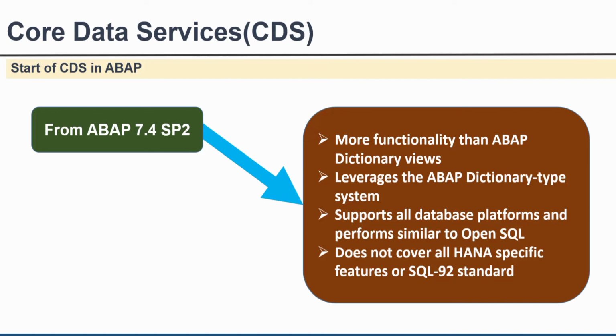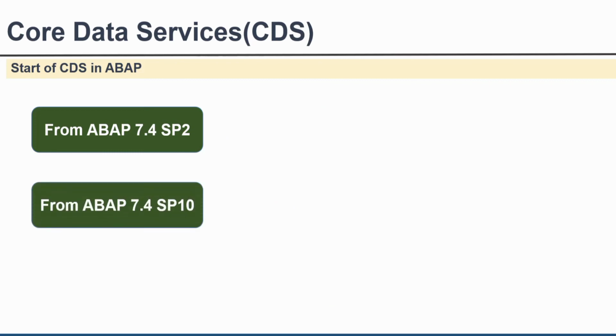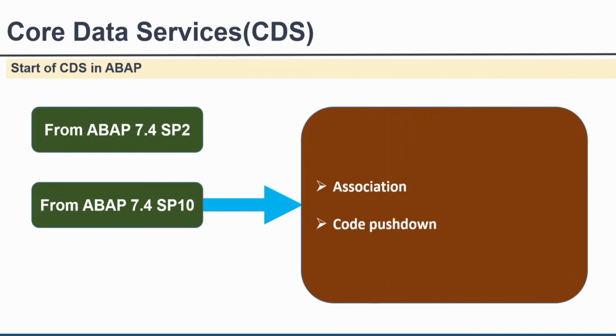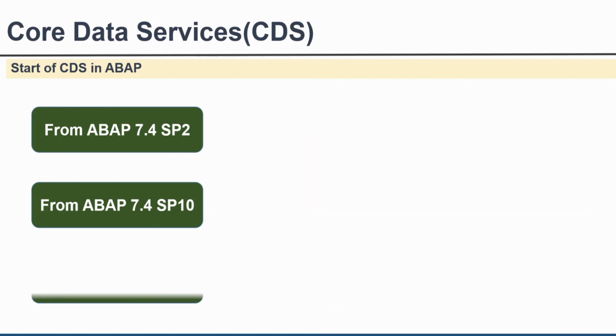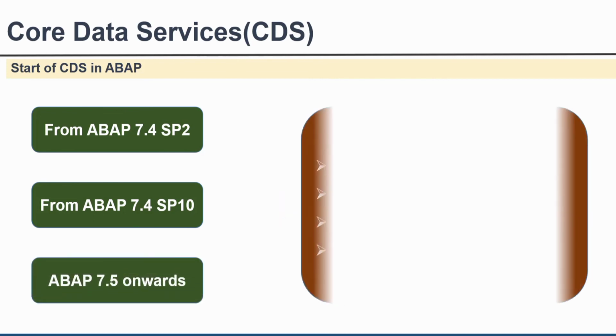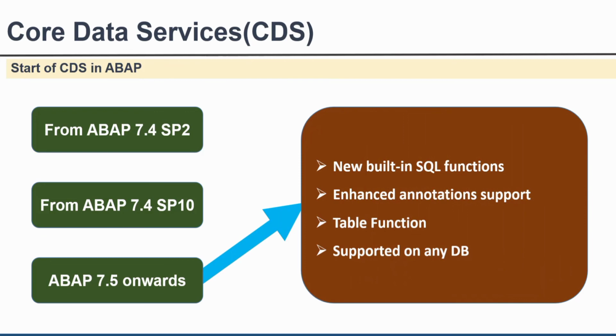It doesn't cover all the HANA specific features or SQL 92 standards. As of ABAP 7.4 SP10, SAP introduced associations and additional code pushdown. And as of ABAP 7.5 onwards, SAP introduced new inbuilt SQL functions, enhanced annotation support, and table functions, and it's supported on any database.